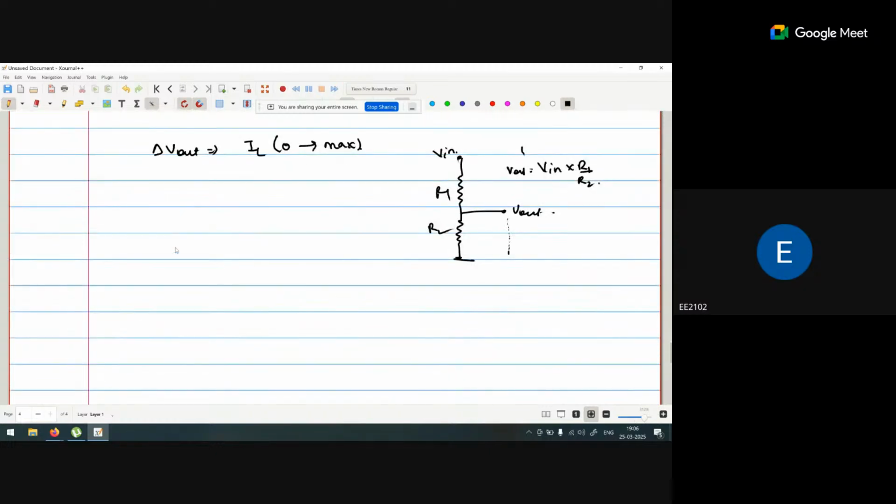Now the second case is that we have IL at the max. Suppose for example we say that 10 milliampere is the max.